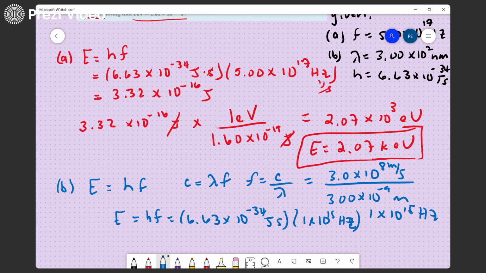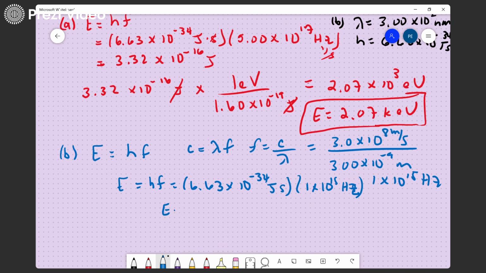And so that energy E is going to equal 6.63 times 10 to the negative 19 joules.